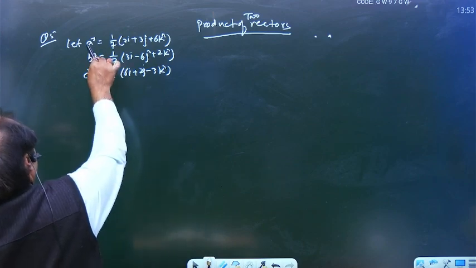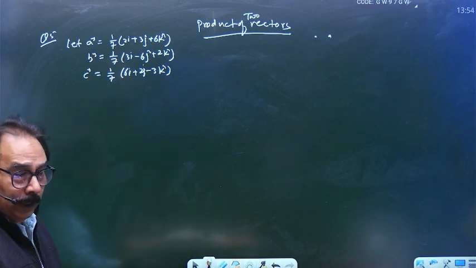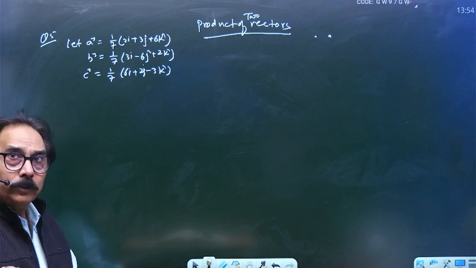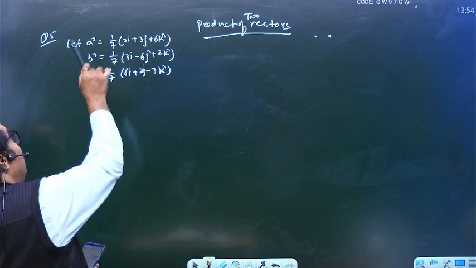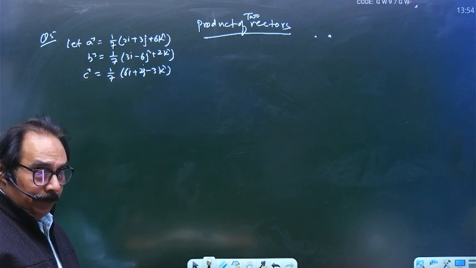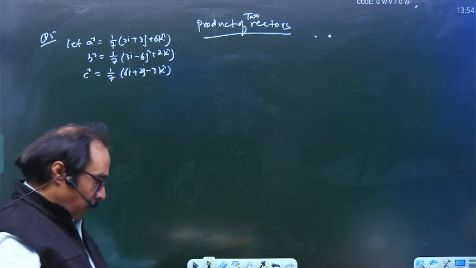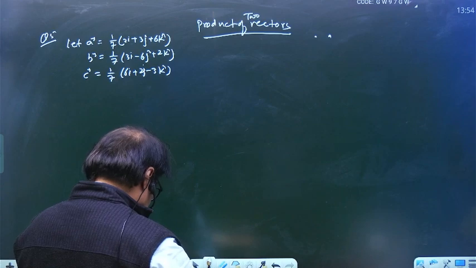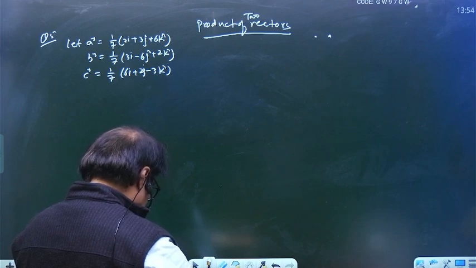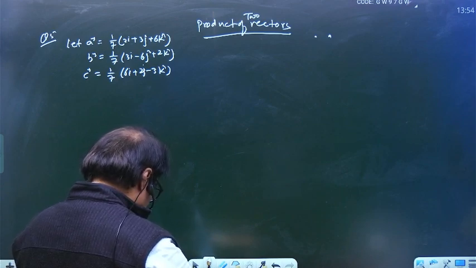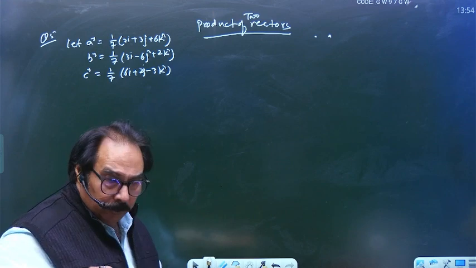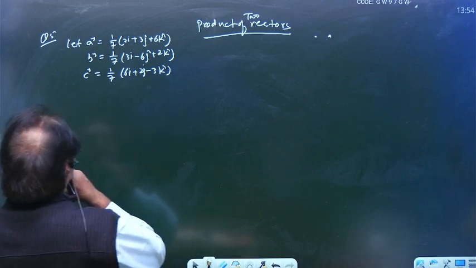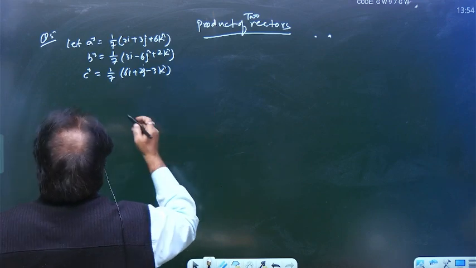It means we will find A dot B and it should be equal to 0. Then we will find B dot C, their dot product should be 0. And then we will find C dot A, so A, B and C are mutually perpendicular. Okay. We have to show that they are unit vectors, so first we show the unit vectors, then the dot products.